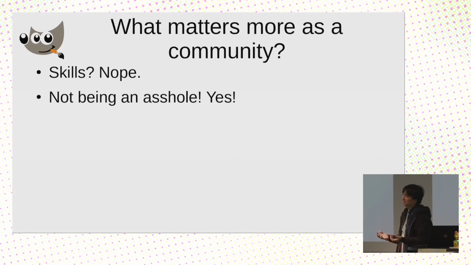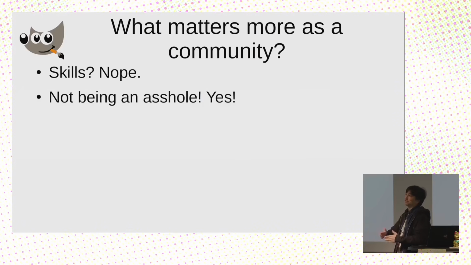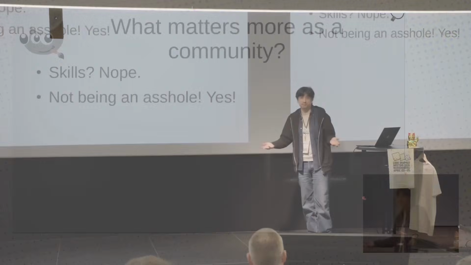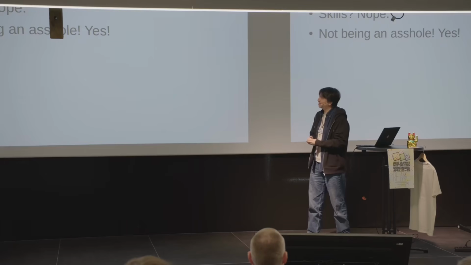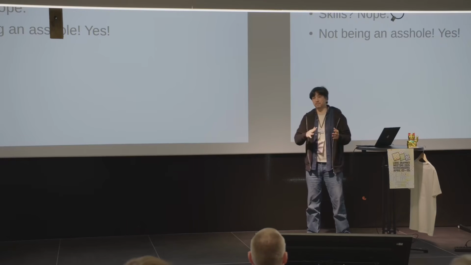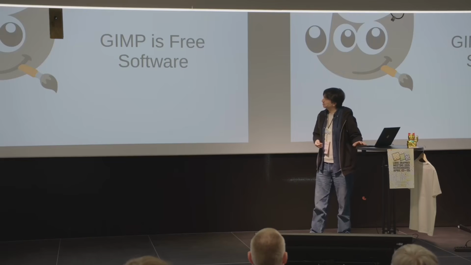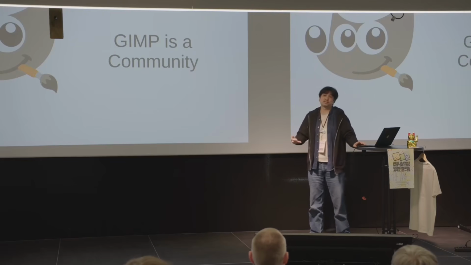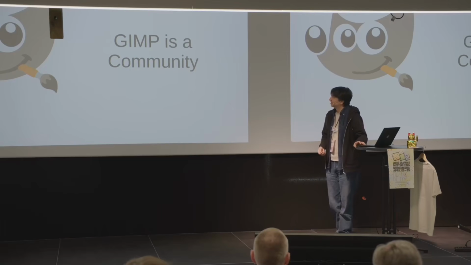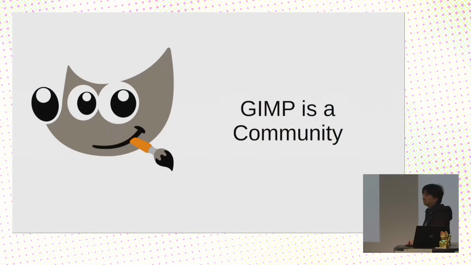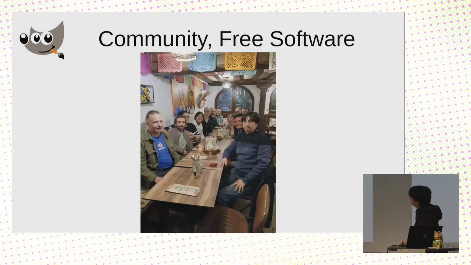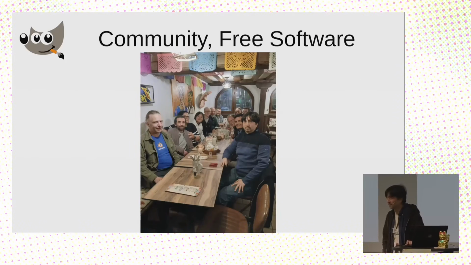But I don't even look past the fact that they are assholes when they are. So that's the kind of stuff where we're protecting our community, basically. Because people matter. So yes, GIMP is free software, but it's also a community. And that's an important part.